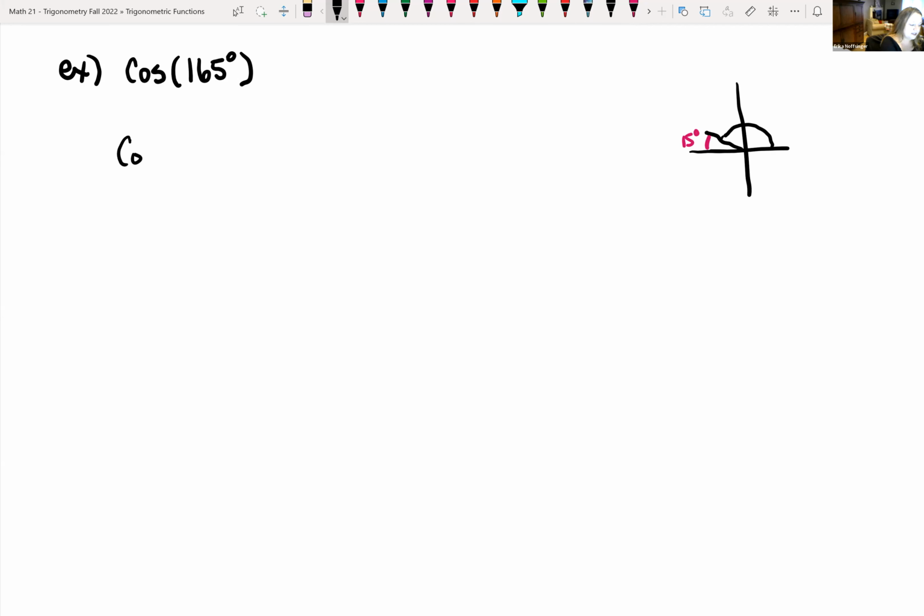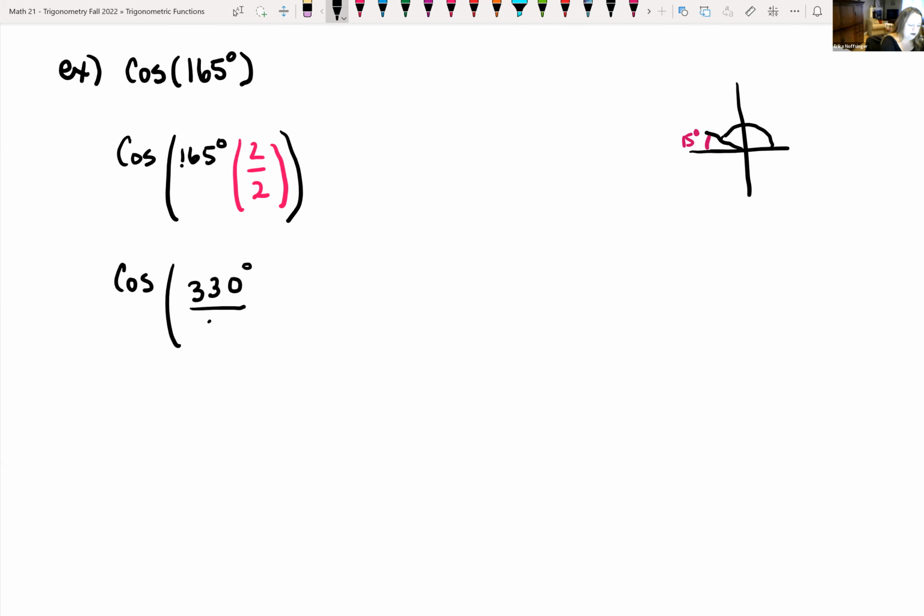So what we're doing is we're going to multiply this 165 degrees by a fancy one, 2 over 2, to make this a half angle. So doing that, we have cosine of, multiplying 2 times 165, that's 330 degrees all over 2.